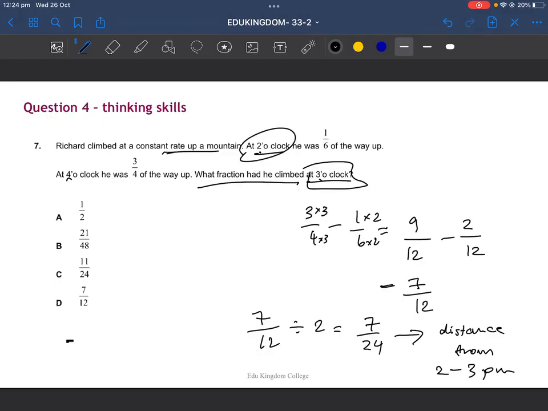Because at 2 o'clock, he already traveled 1/6 of the way up. That must mean from that 1/6 he traveled a further 7 over 24th of the distance. And that's why we add it up. So how many times does 6 fit into 24? 4 times, so we times that to numerator and denominator, so we get 11 over 24, which is option C.